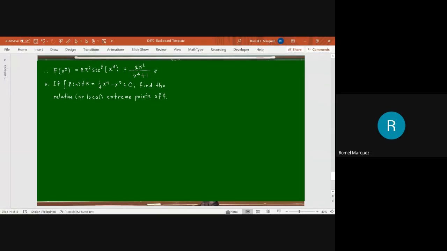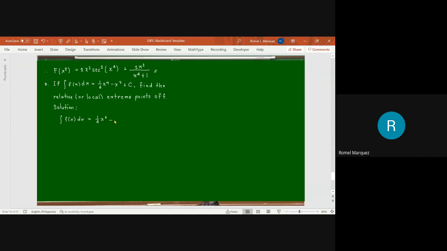We are given the integral of f of x dx, and that is equal to 1/4 x to the fourth minus x cubed plus c. So we can get the derivative of each side, to get rid of the integral sign.